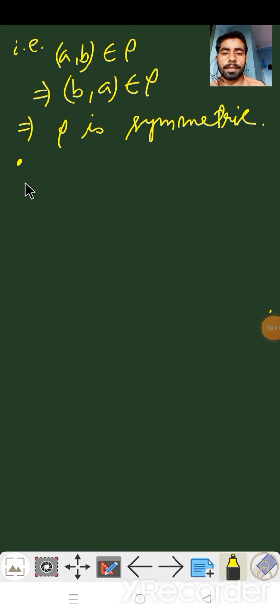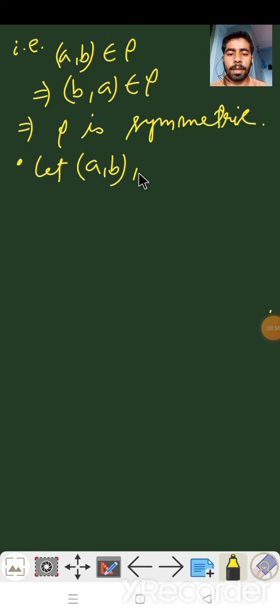Now our target is to check whether rho is transitive or not. Let the ordered pair (a, b) and another ordered pair (b, c) belong to rho.